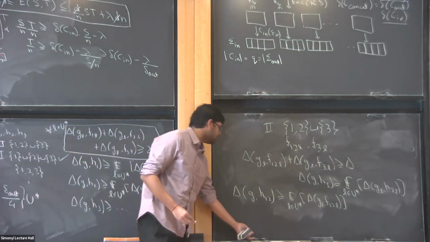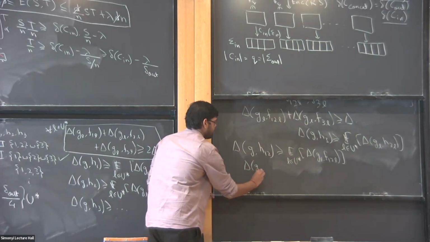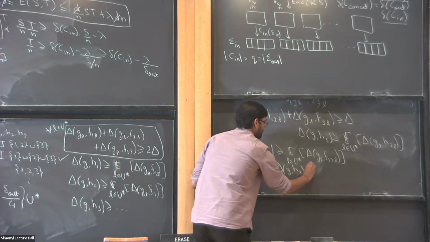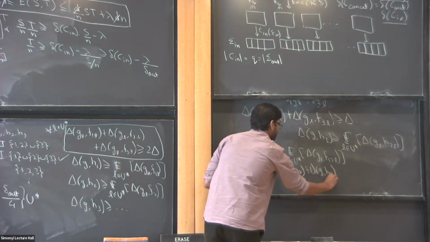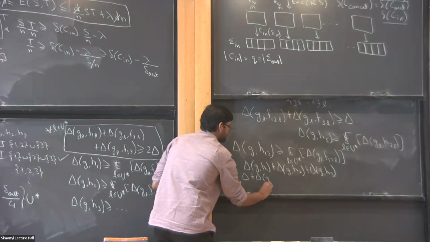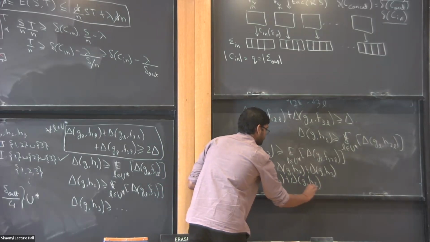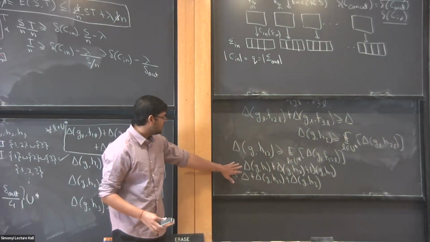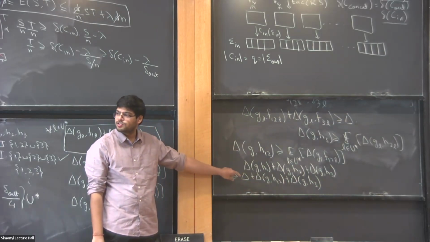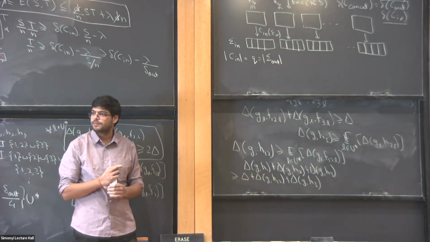And now finally, we will use the strengthened version to say the first is the strengthened version that I showed with triangle inequality, that for H1 and H2, we lower bound it with delta plus delta G H12, the common error locations.